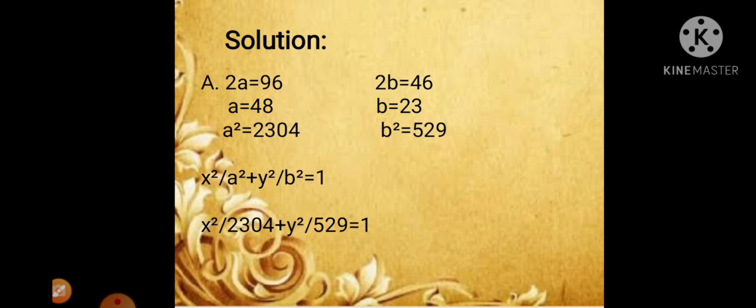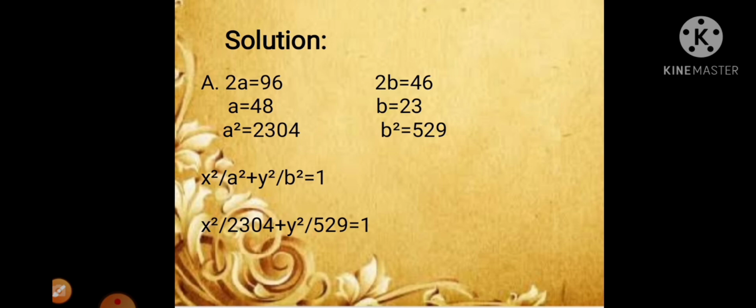Solving for a, we have 2a equals 96, dividing both sides by 2, so a equals 48, then a squared equals 2,304.